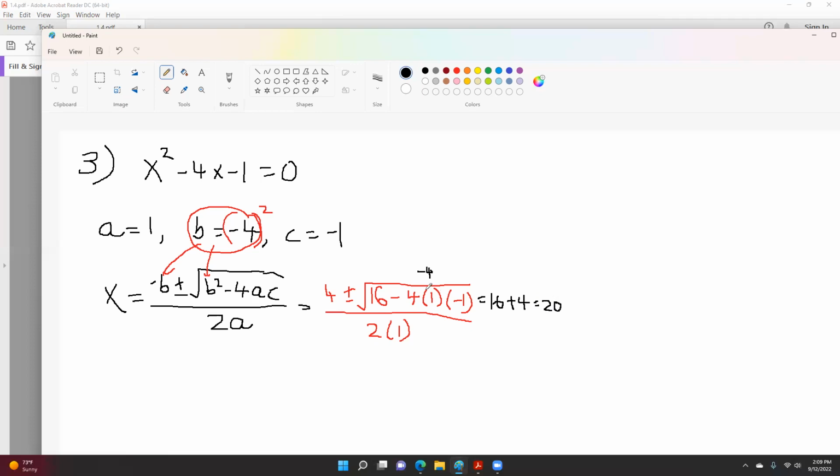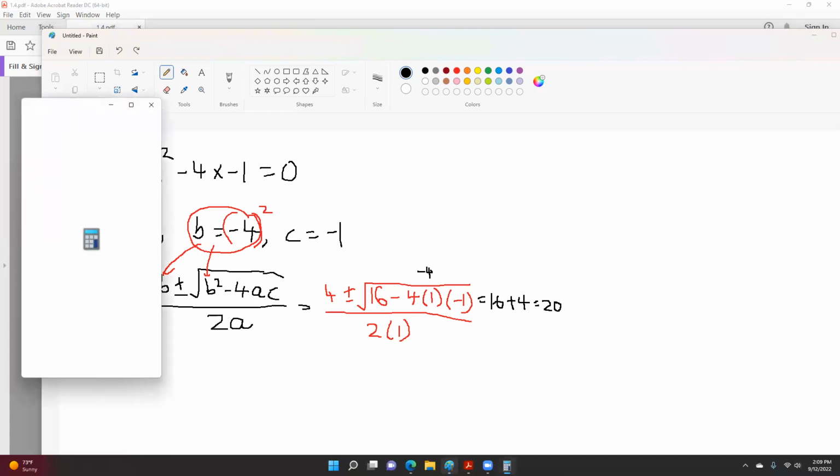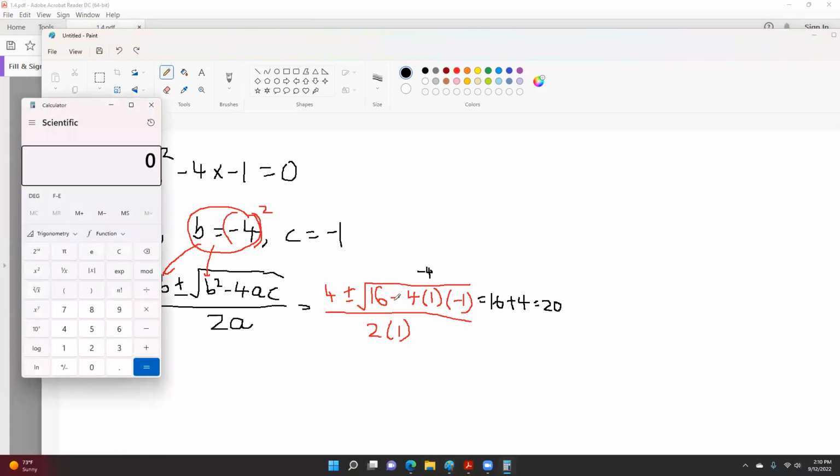A common mistake students make on this discriminant is they distribute the -4 into the 1 and -1. That will be wrong. So please do not distribute that. It's been multiplied. Or in other words, you can use your calculator and multiply this. Now, when you multiply the first one, it's not 4, it's a -4.